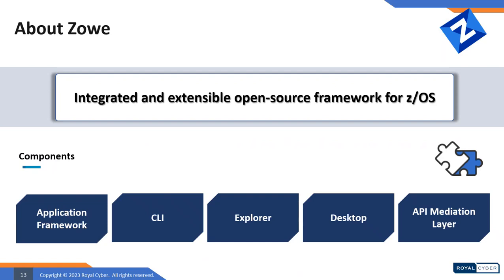Zowe Desktop is a web-based application which we can access through a web interface, and there we can get the required services in a virtual desktop. We also have an API Mediation Layer, which supports getting services enabled with REST APIs, so we can create REST API services and consume them via web interfaces. We are going to look into a deep dive of these components in forthcoming slides.